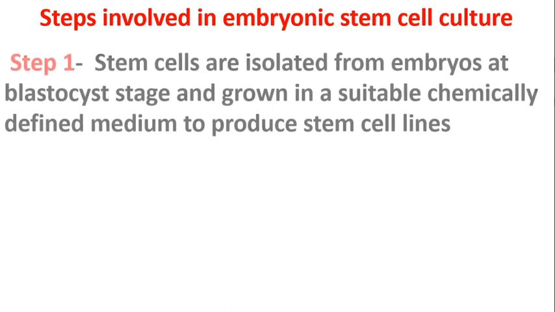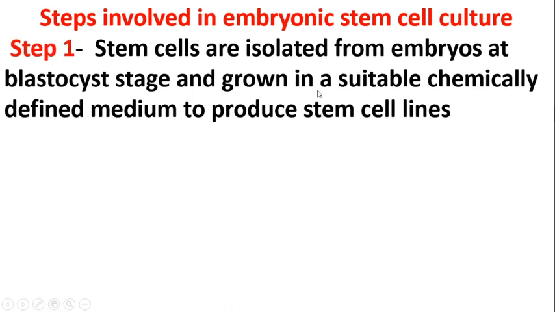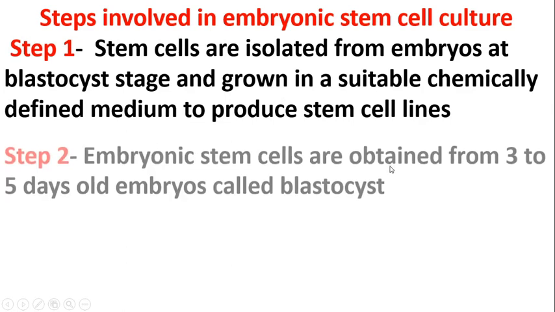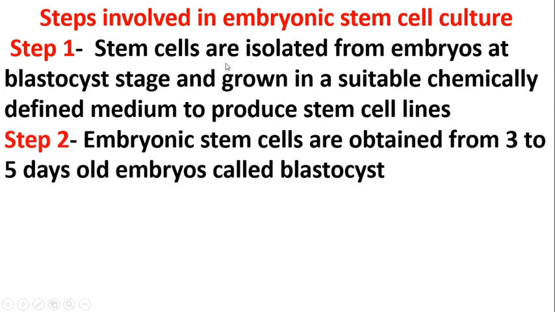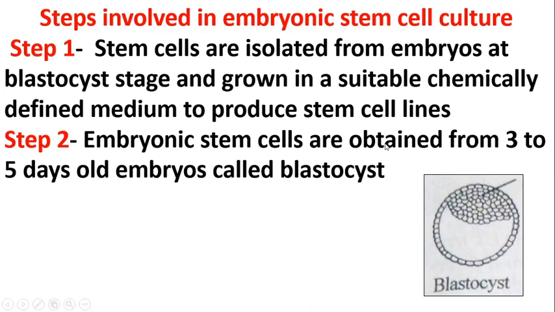The first step. Stem cells are isolated from embryos at blastocyst stage and grown in a suitable chemically defined medium to produce stem cell lines. Okay, so the stem cells are isolated from embryos at the blastocyst stage.